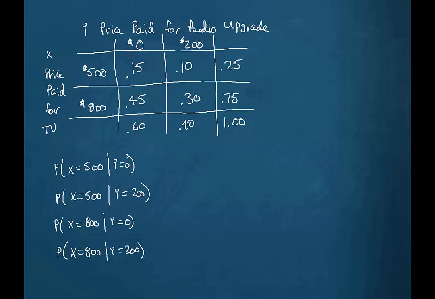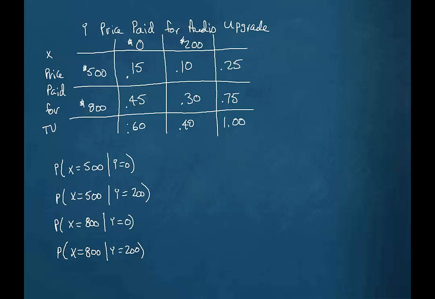So looking at this first one, the probability that x is 500 given y is 0, the probability that y is equal to 0 is 0.6. And that's all we care about in this case because we're given that event has happened, that y is 0.